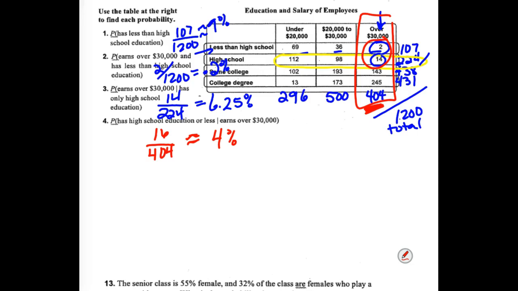Okay. Last question. It says the senior class is 55% female, and 32% of the class are both female and they play a competitive sport. Okay? We are told the probability that the person is female is 55%.